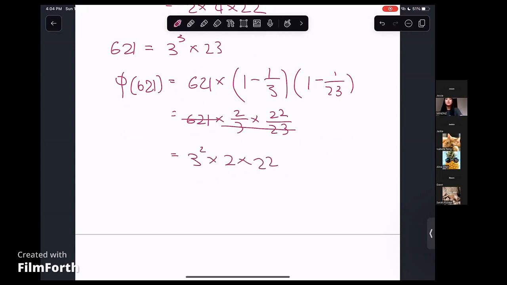Is this what everyone got? We don't have to find the actual value of it.